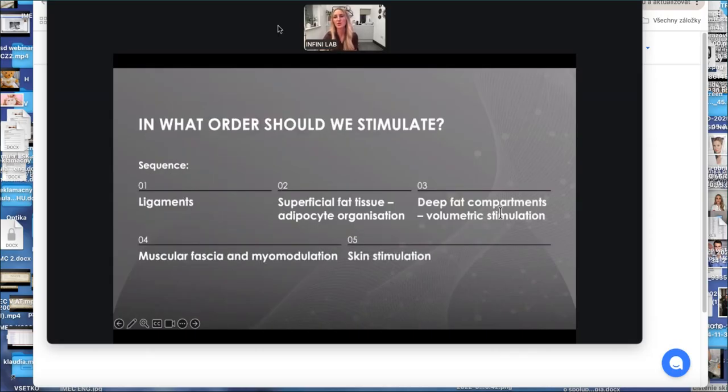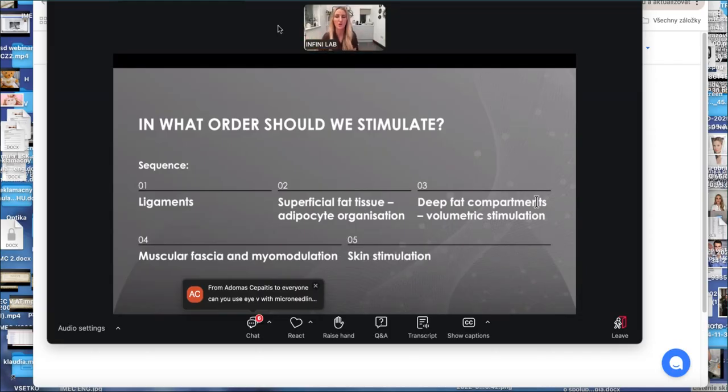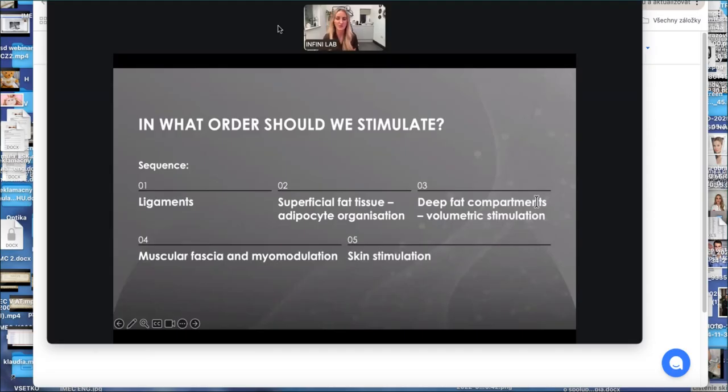So when we look at the whole process, we actually have answers for every single tissue layer. I could go through every single product in the Infini range and put it in the right category of stimulation, because that is so easy with Infini.